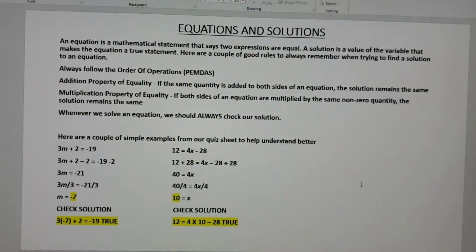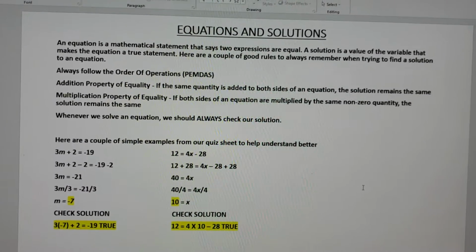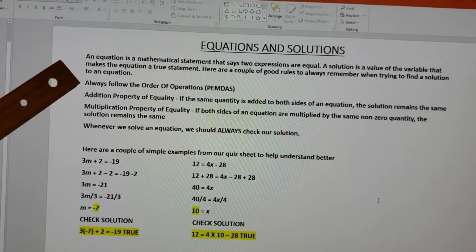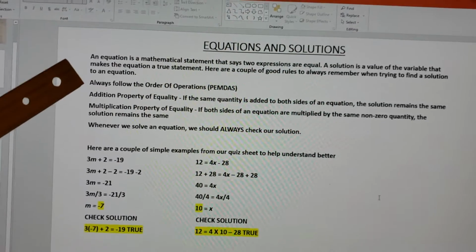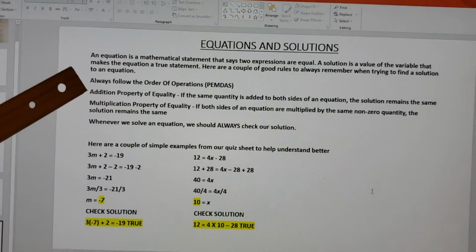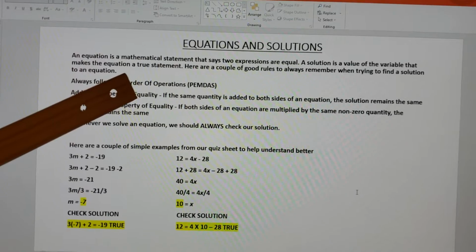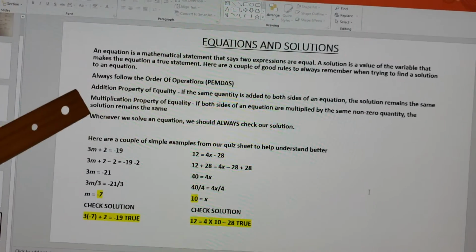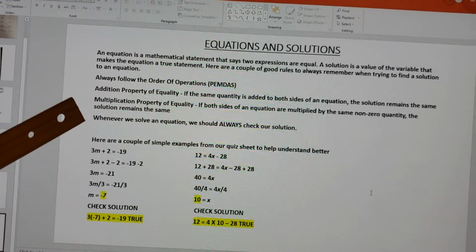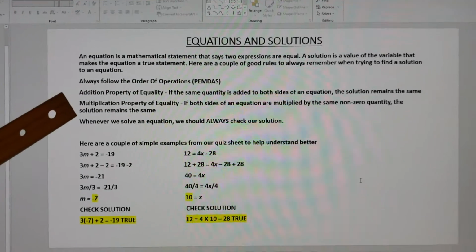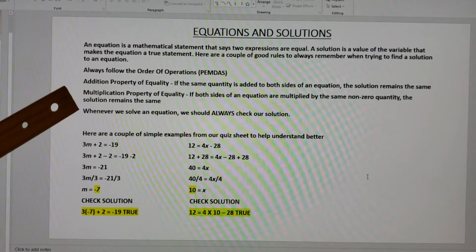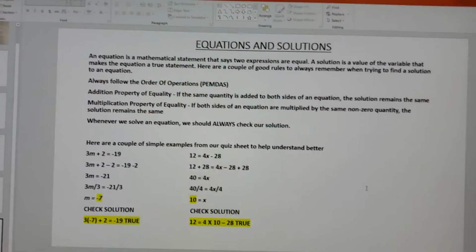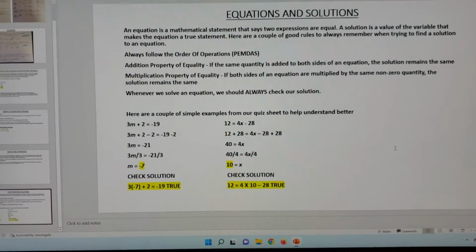Here are a couple good rules that I always try to remember: always follow the order of operations, use the addition property of equality and the multiplication property of equality. And whenever you solve an equation, you should always check your solution. That way you know that your answer is correct.